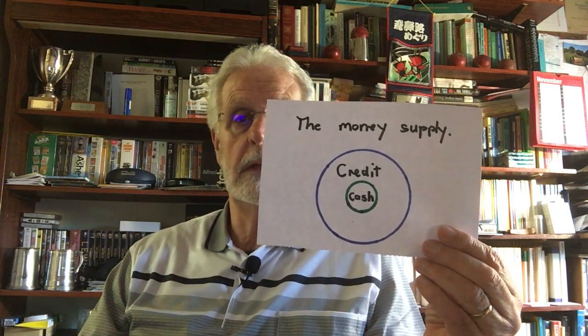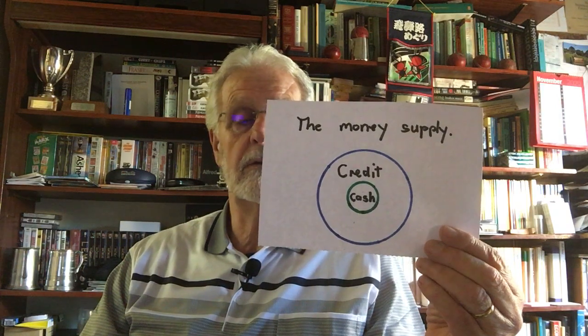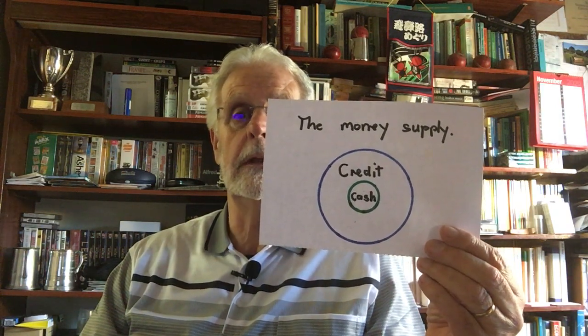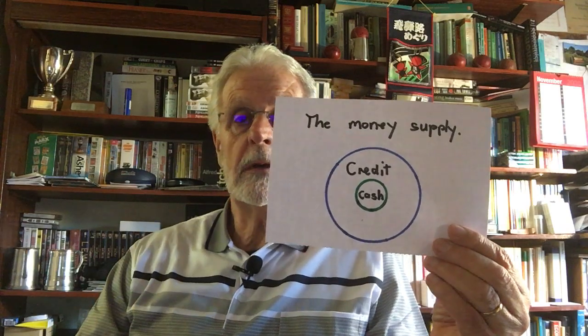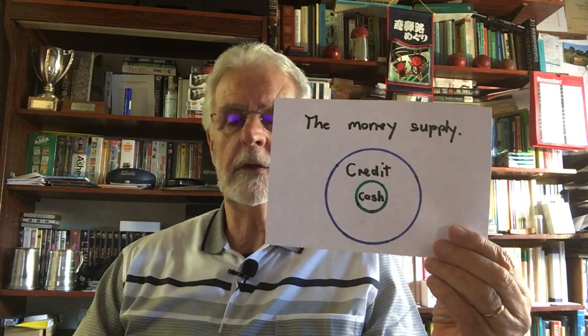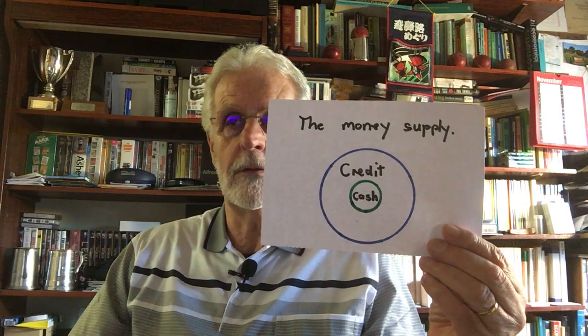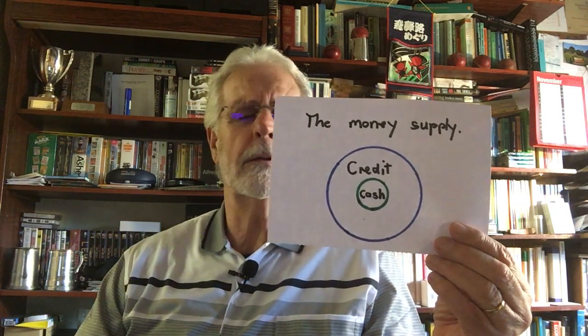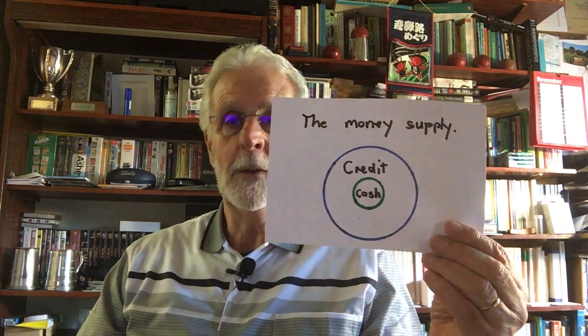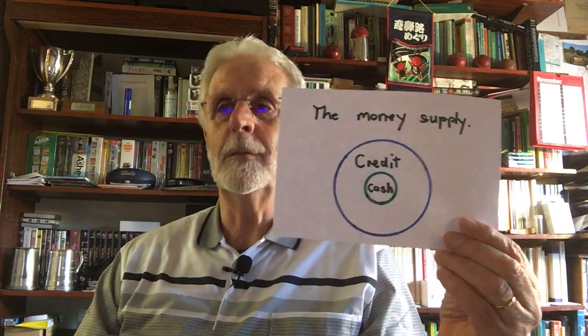The quantity of money is quite easy to see. It's those two concentric circles. So the outer ring is the quantity of money. There are an enormous amount of measures of money. You'll see M1, 2, 3, 4, 5, PSL1, PSL2, the Divisia, and so it goes on. There are loads and loads of different measures of money.